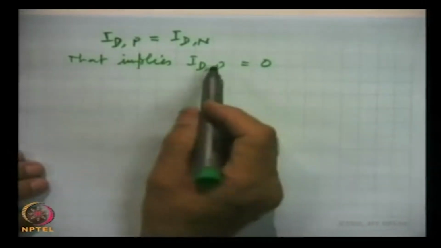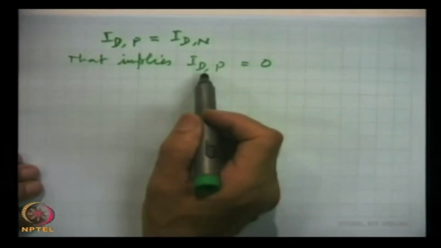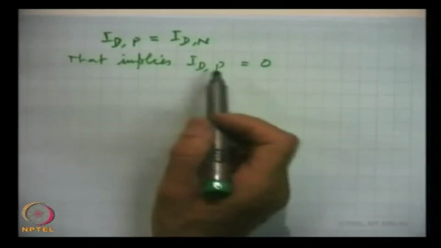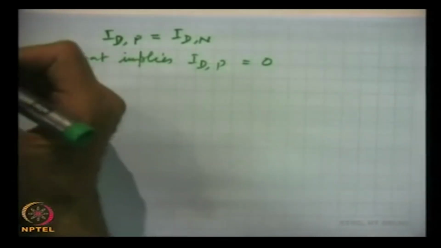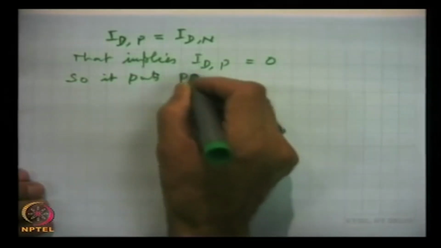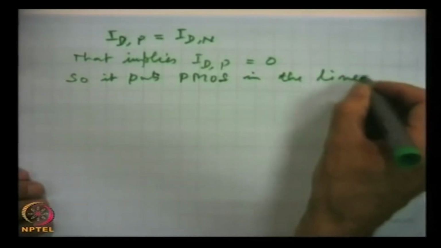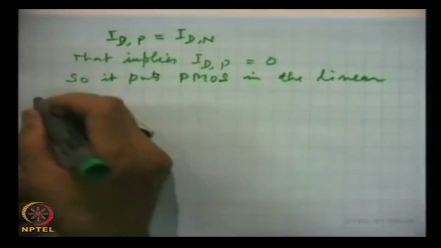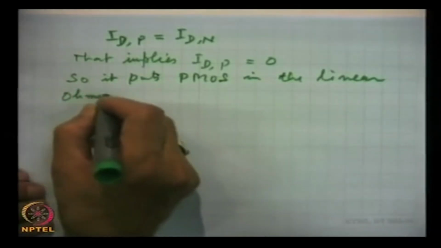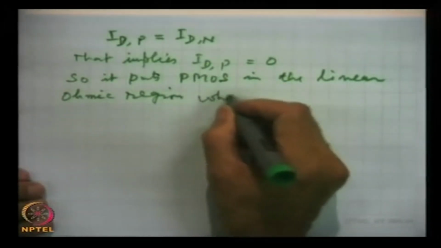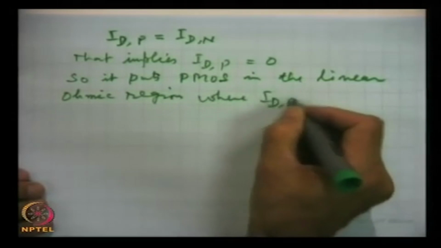Now, it is conducting, but the drain current is 0, and if you look at the drain characteristics, this situation is just in the beginning of the ohmic linear region. So, it puts the PMOS in the linear ohmic region, where IDP ohmic is equal to 0.